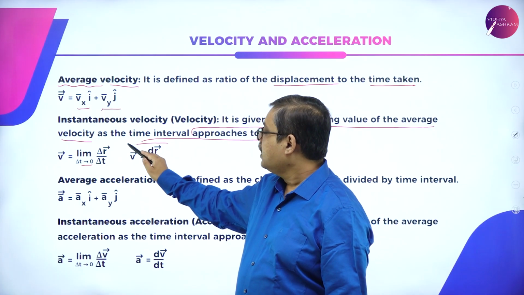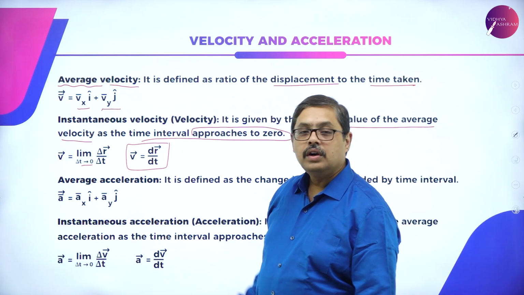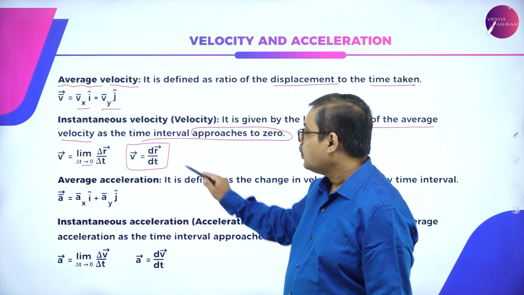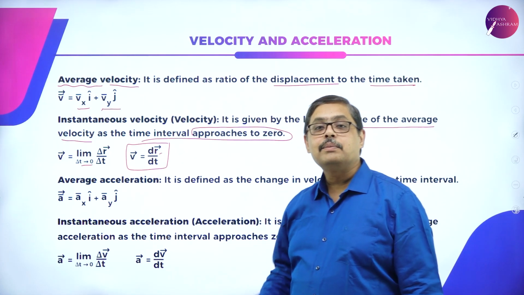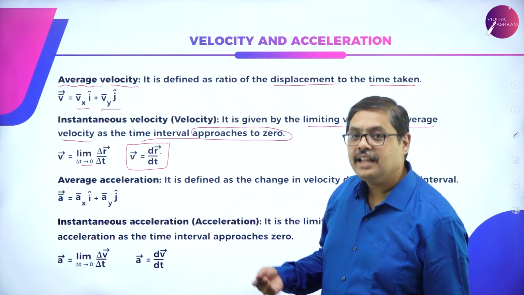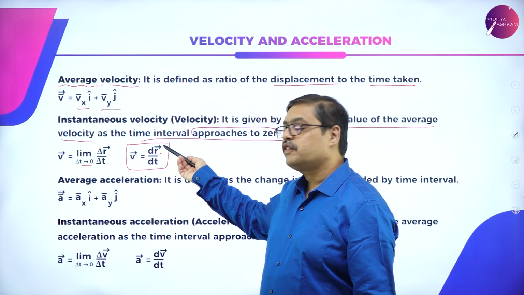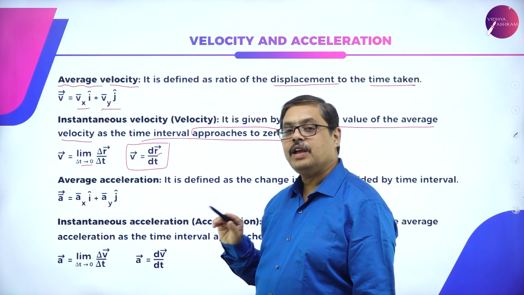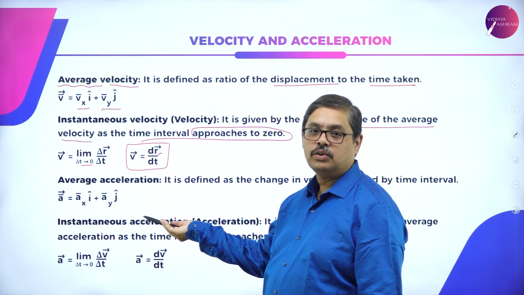It is given by vector v equals d r vector by dt, where r is the displacement. Please remember, velocity is the rate of change of position with respect to time. So this displacement will give me how the position changes with respect to time.